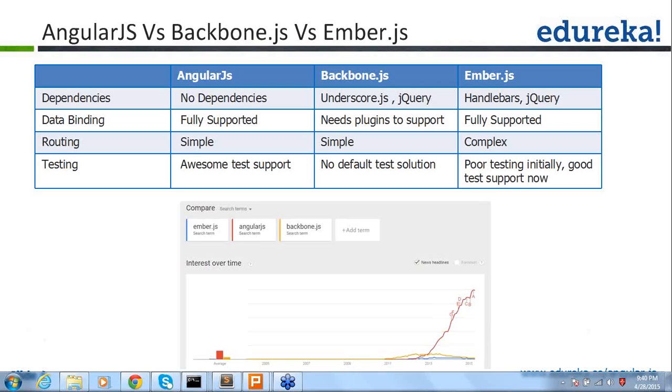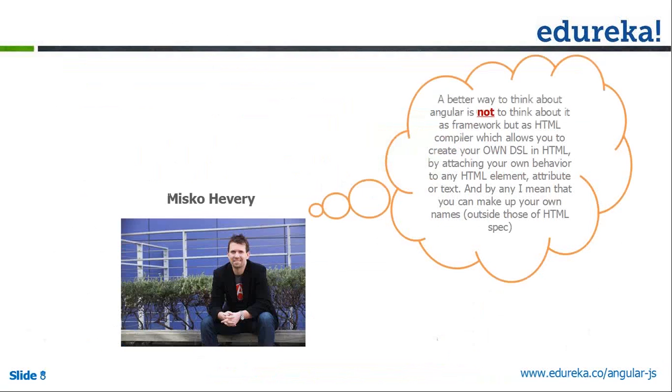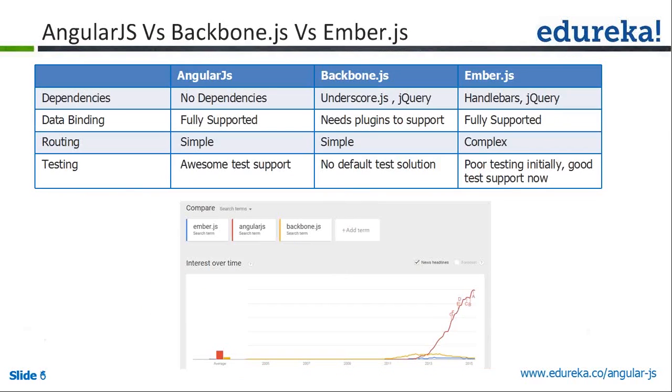Again, I got one more question from Ravi about data binding. So what is data binding? Whenever we get a particular data object from the server, we have to bind it in the UI. AngularJS gives two-way binding support, so you need not worry about this.